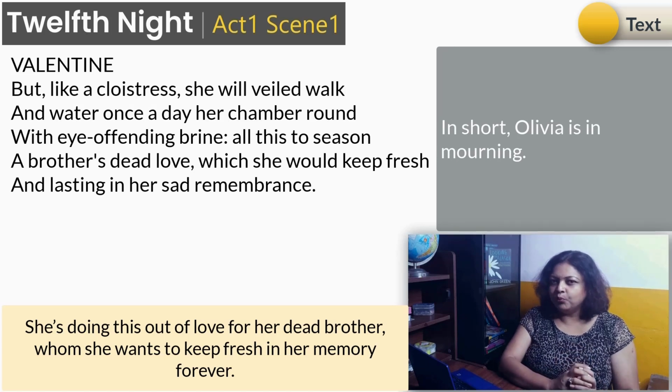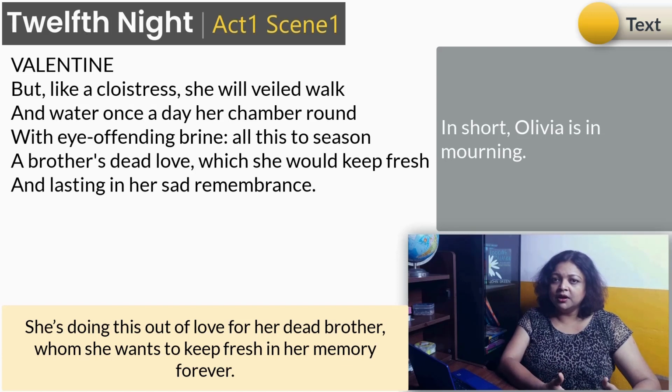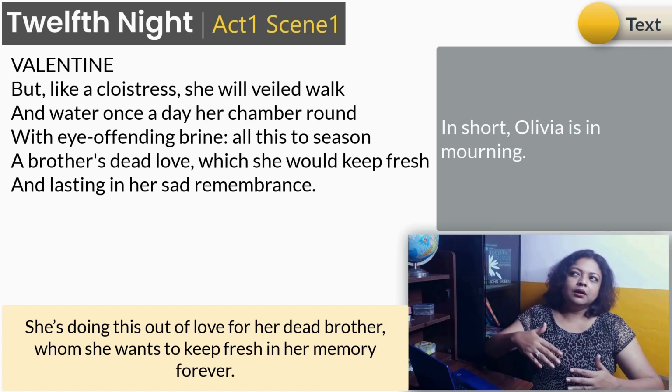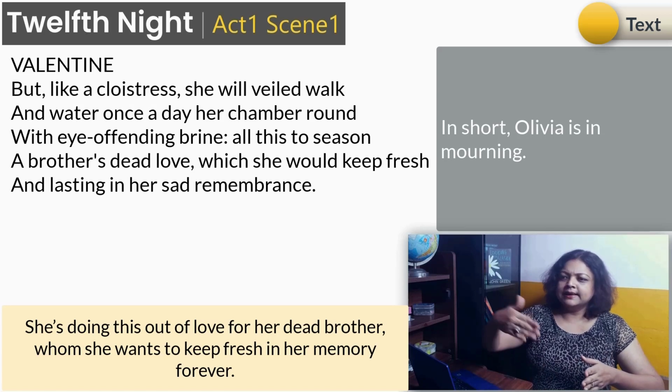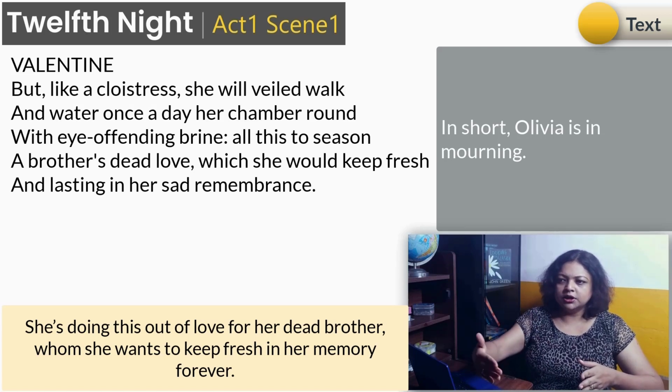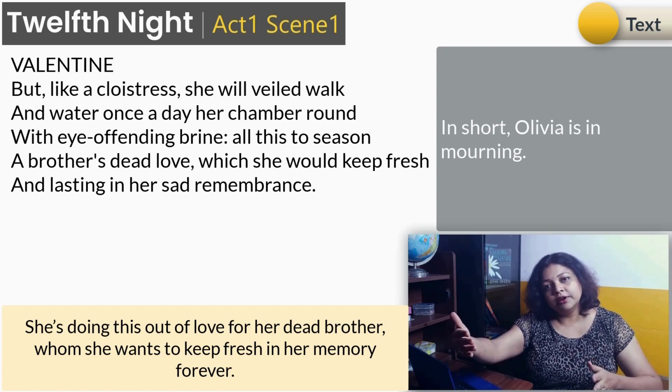But don't you find this a bit weird? See, we all have faced loss in our lives. But when you lose somebody whom you deeply love, can you really make a promise to yourself that for, say, 7 years, for 10 years, I will weep for this person? What about the 8th year, the 11th year?